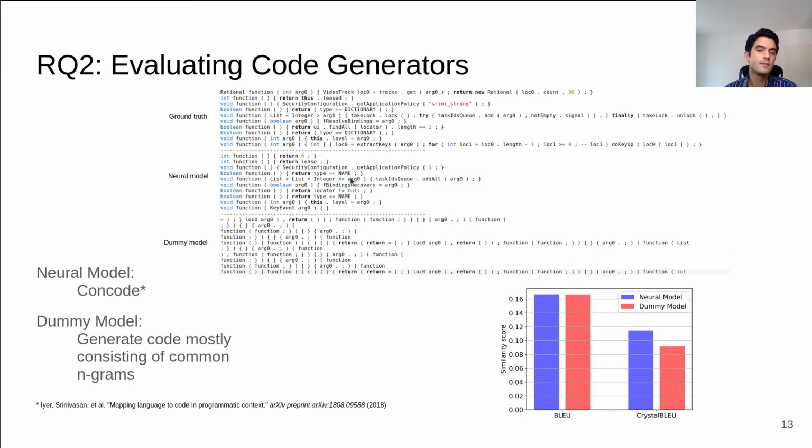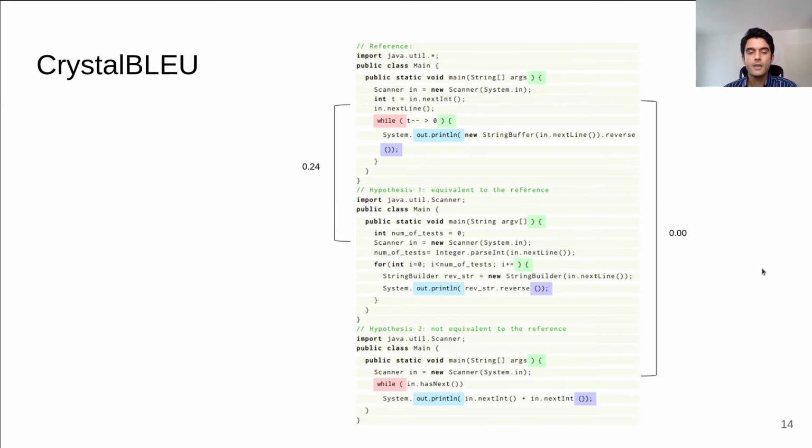And as you can see in these random examples, they look really unnatural and not similar to the ground truth. However, the BLEU score cannot differentiate between these two models, but CrystalBLEU gives a higher score for the neural model than the dummy model. And for the example that I showed earlier, CrystalBLEU gives a lower score for the dissimilar pair and a higher score for the similar pair.